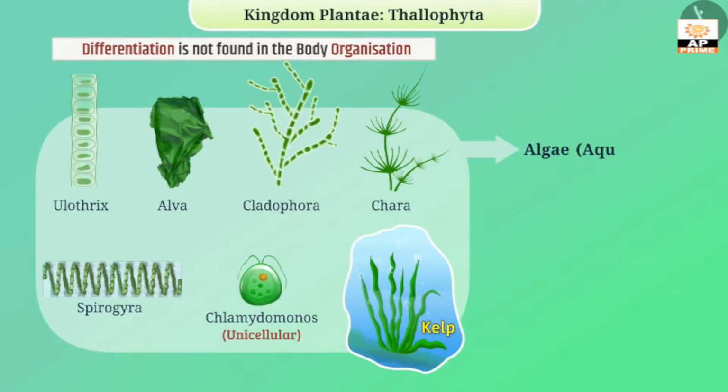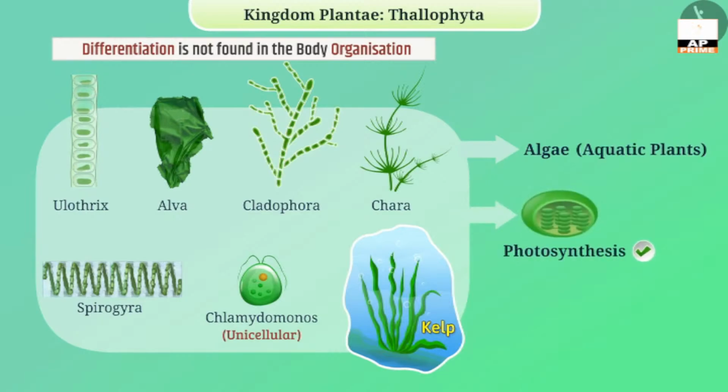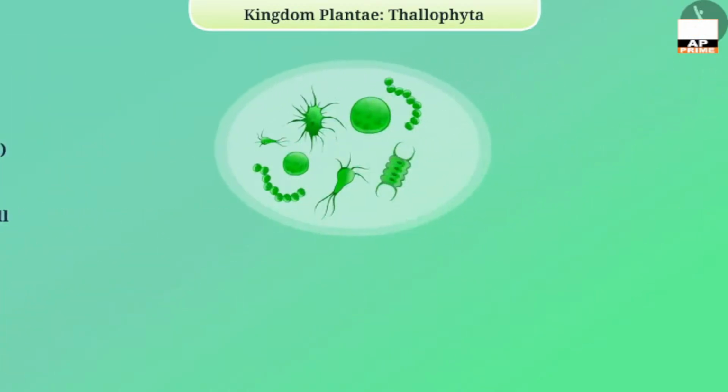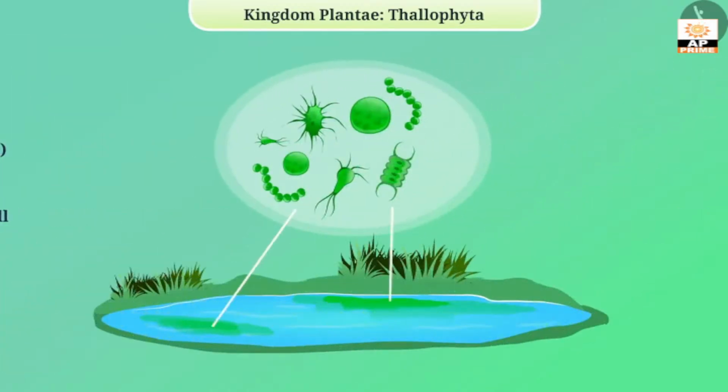These are all aquatic plants. They can do photosynthesis because of presence of chlorophyll and thus can make their own food. That is, they are autotrophic. Some algae are very small and they form layers on the surface of water. These are called phytoplankton.